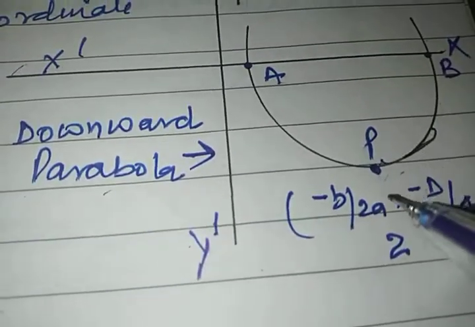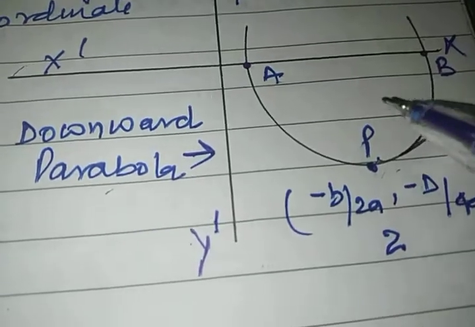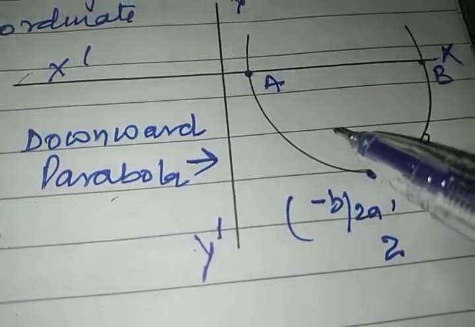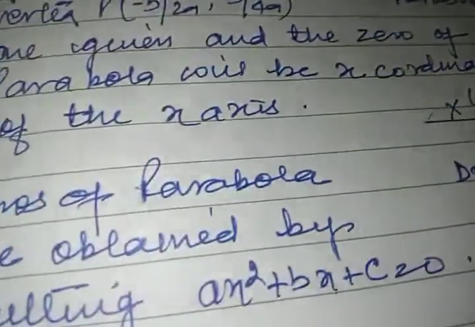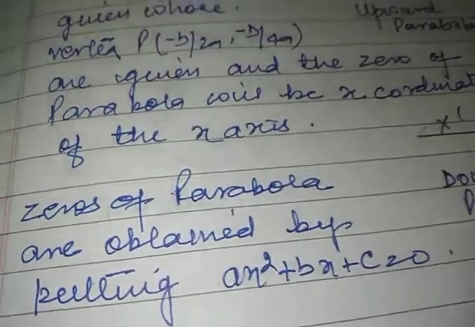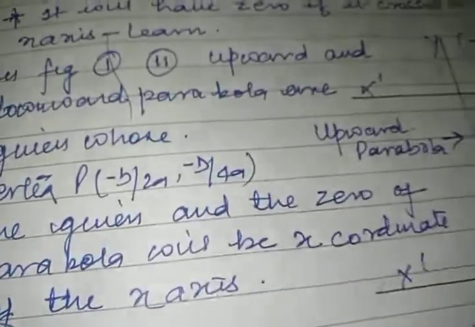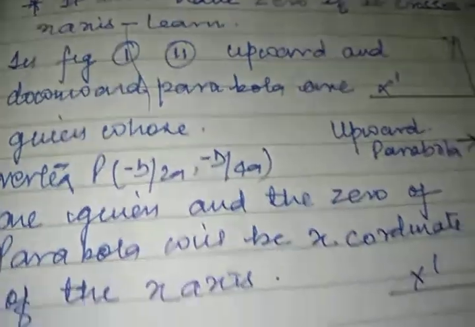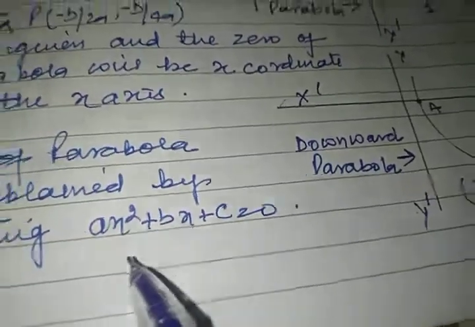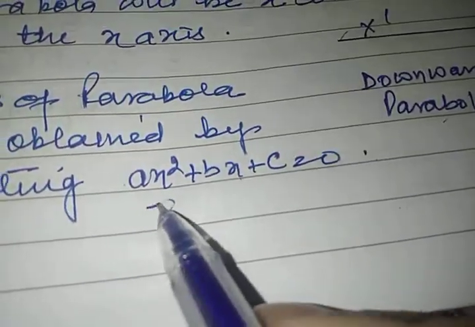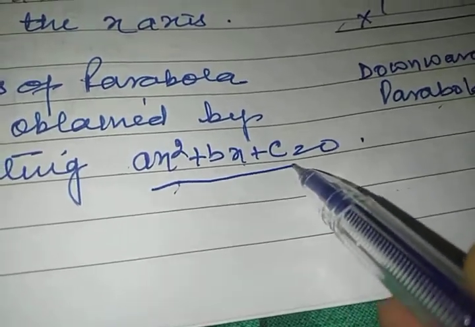So this is the other parabola, and these are the 2 corresponding zeros of the quadratic polynomial. And how will you solve it? I told you the zero of the polynomial is found by taking the polynomial f(x) equal to 0, or ax square plus bx plus c is equal to 0. You will get the values of x.